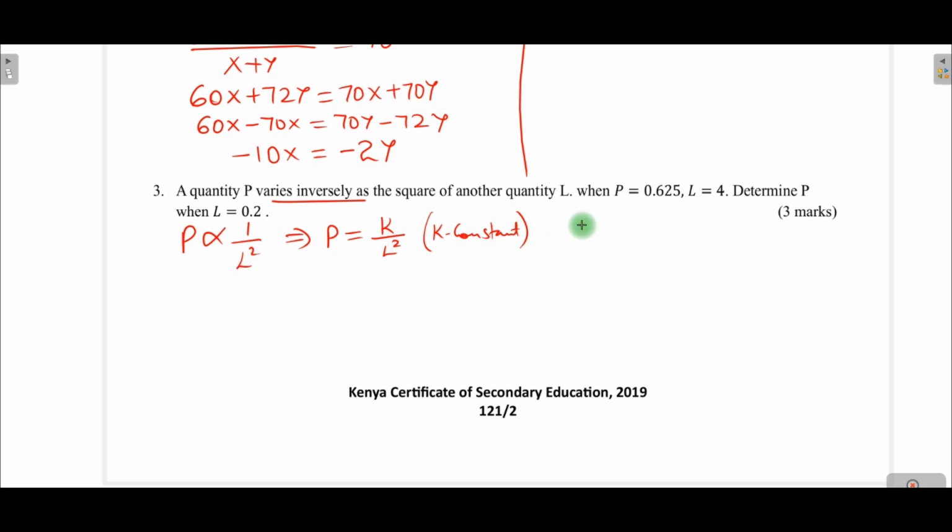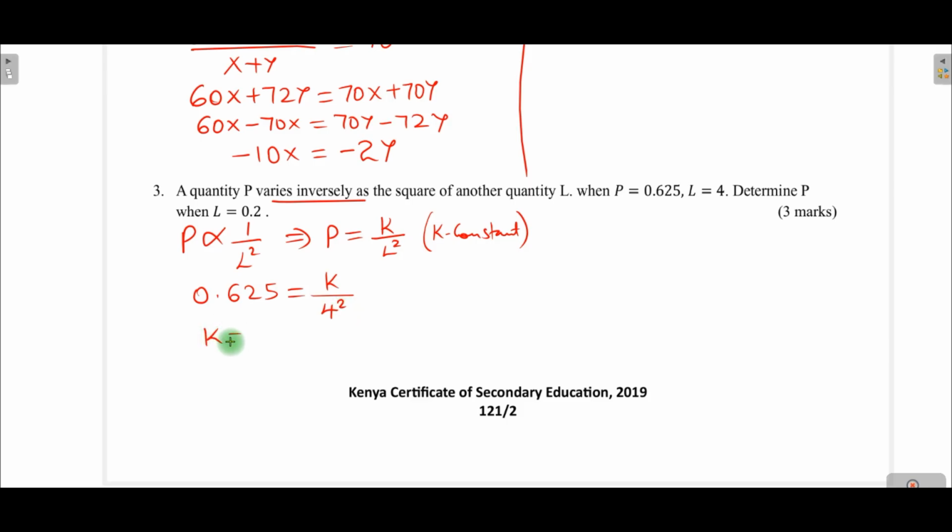So substitute into this general equation here: P is 0.625, which will be equal to K all over L, which is 4, so 4 squared.